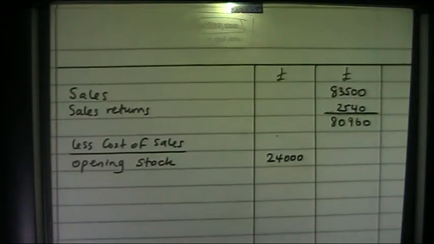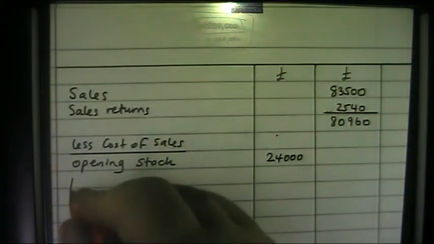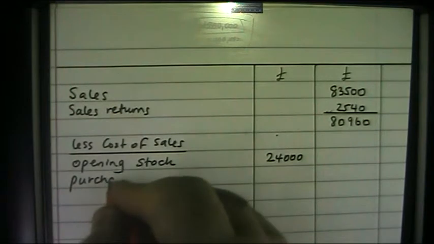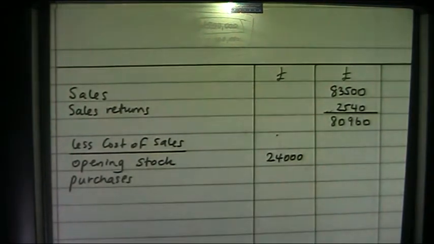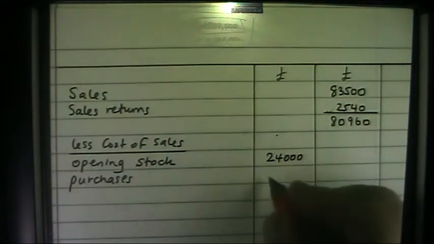Now, to that I want to add my purchases. What are my purchases? 49,000, but don't forget the owner took some stuff, so 49,000 minus 1,550 equals 47,450.